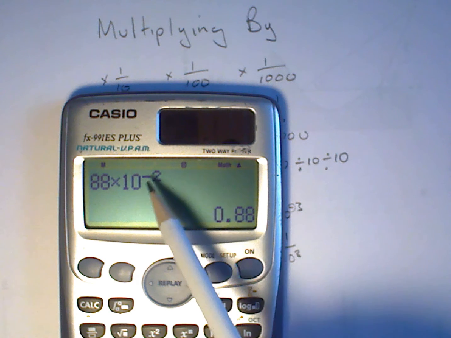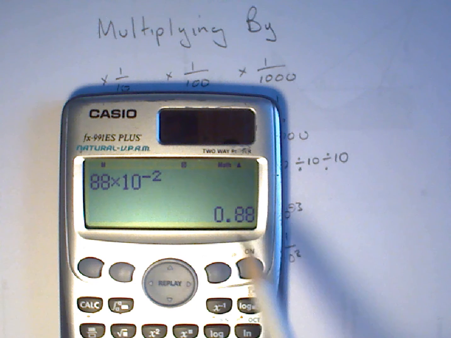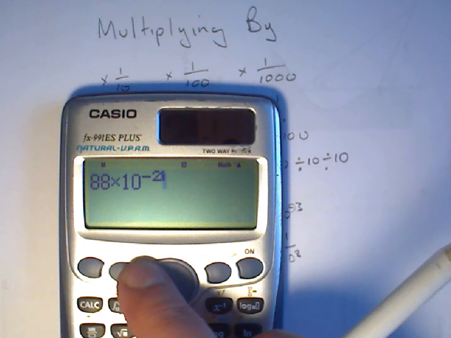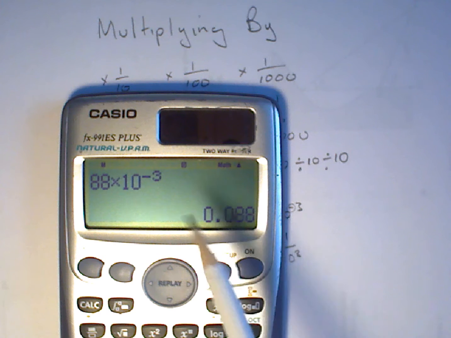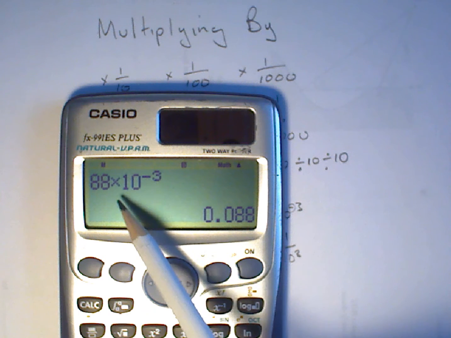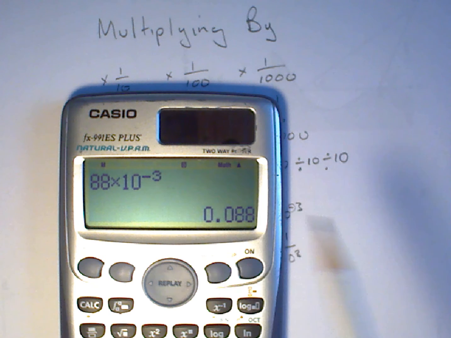So the negative power 2 is like dividing by 10 twice. And if I do it one more time, you can see that I've divided by 10 3 times. So multiplying by something times 10 to the minus 3 is like dividing it by 10 3 times.